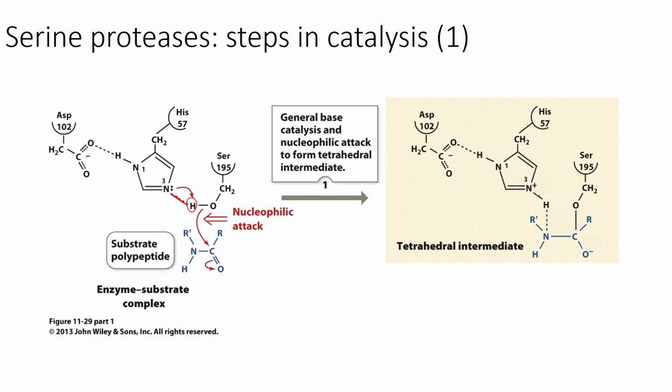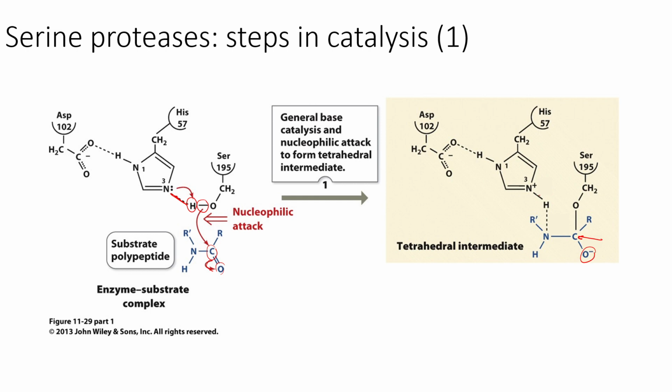The electrons here that were originally forming this bond are now going to attack the carbonyl carbon that's part of the substrate, that one end of the peptide bond, and then ultimately that's going to break this double bond, pushing the electrons up to the former carbonyl oxygen. That ends up in this tetrahedral intermediate, where you have this formerly carbonyl carbon right here that is now being forced to make 4 bonds. We have this oxygen here that's forced into being negatively charged, and so this tetrahedral intermediate of the substrate is relatively unstable.